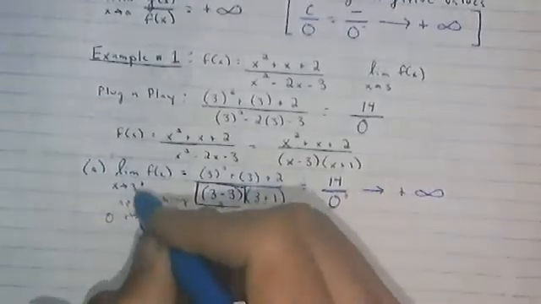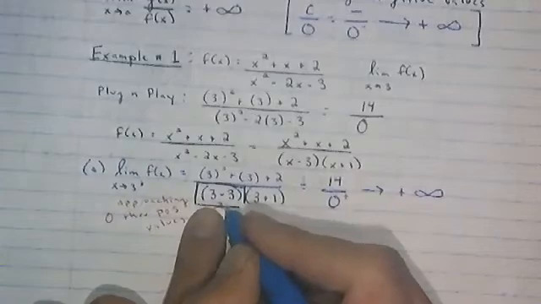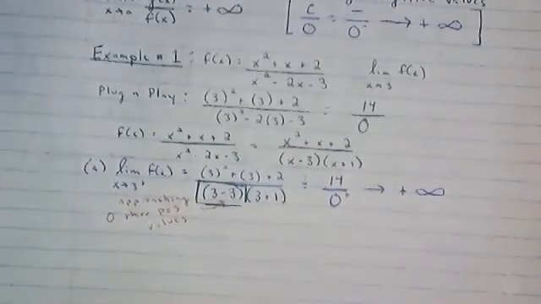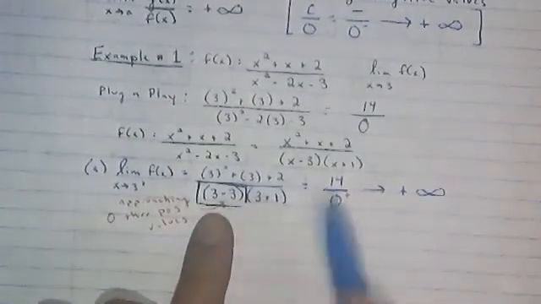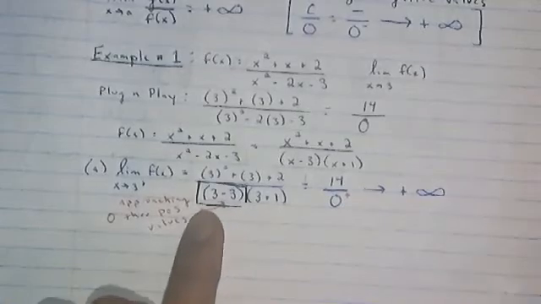And from the right, those super close to 3 values are like 3.2001 minus 3. And that is a number that is ever so slightly bigger than 0. It's like 0.0201, but still positive.